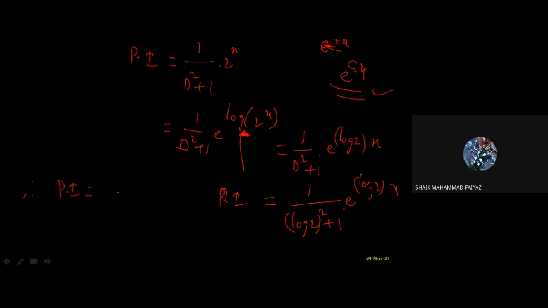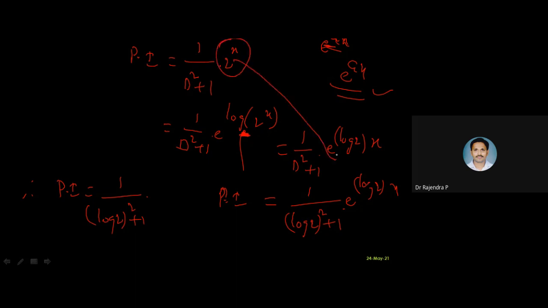Actually, the basic function is 2 power x. We wrote it in this form for our ease, to evaluate this particular problem. But our basic function is 2 power x. You can write it in this way. Have you understood?